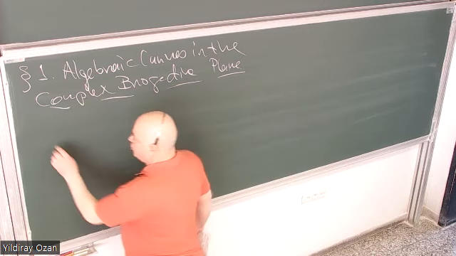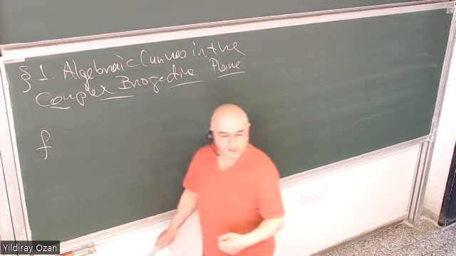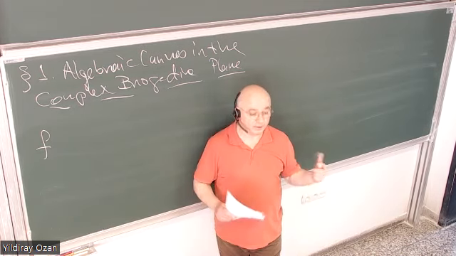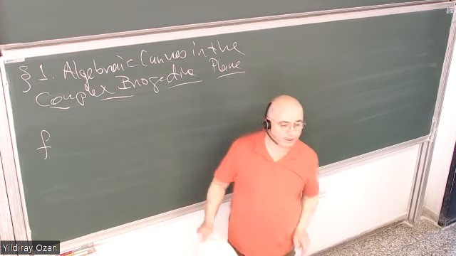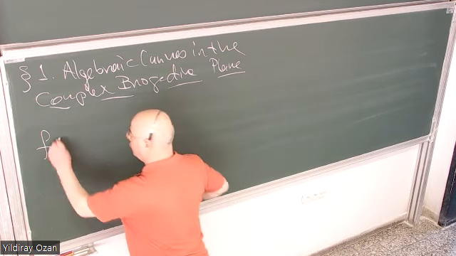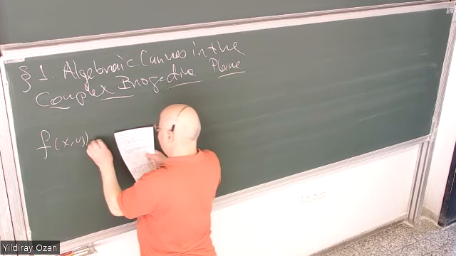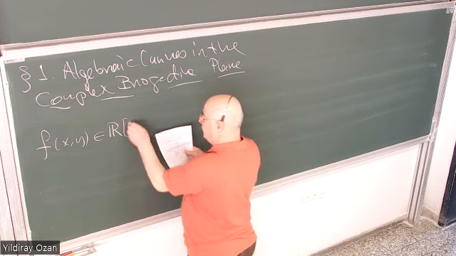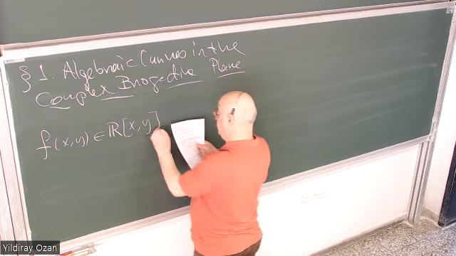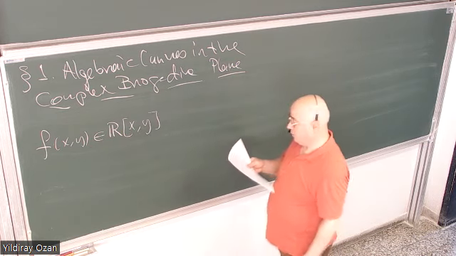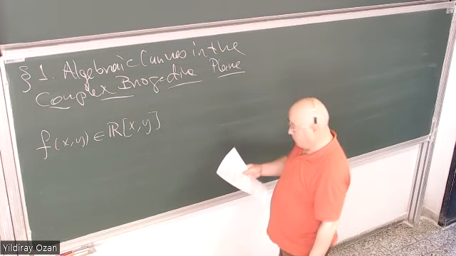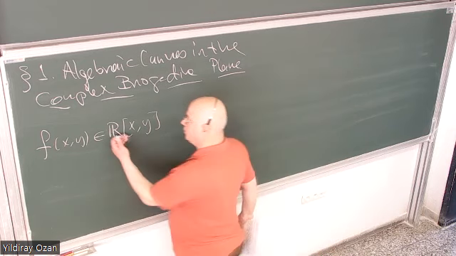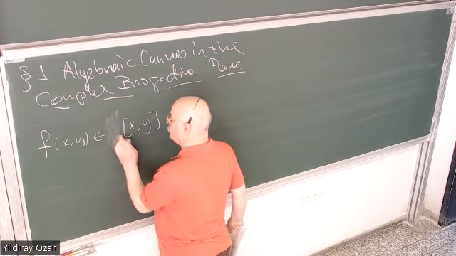So what's an algebraic curve? I said last time that if something is algebraic, then it should be defined via polynomials, okay? So we start with a polynomial. Let f(x,y) be a polynomial.